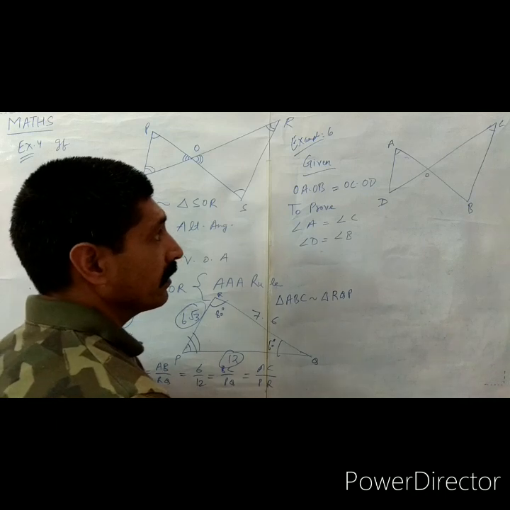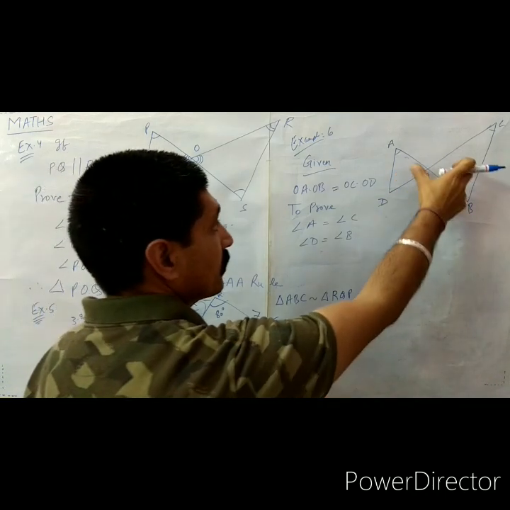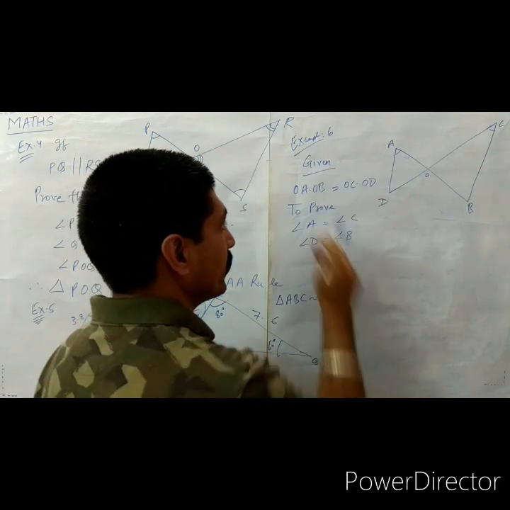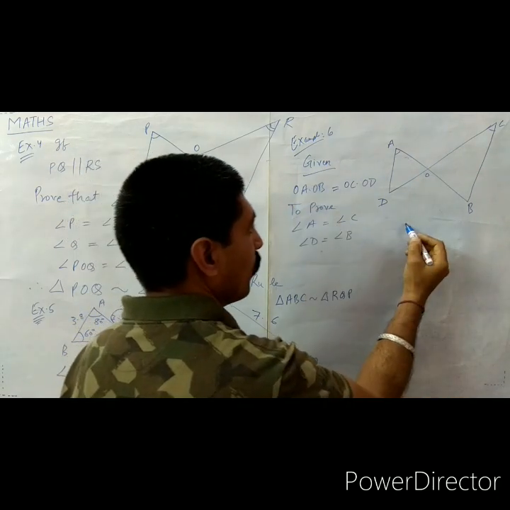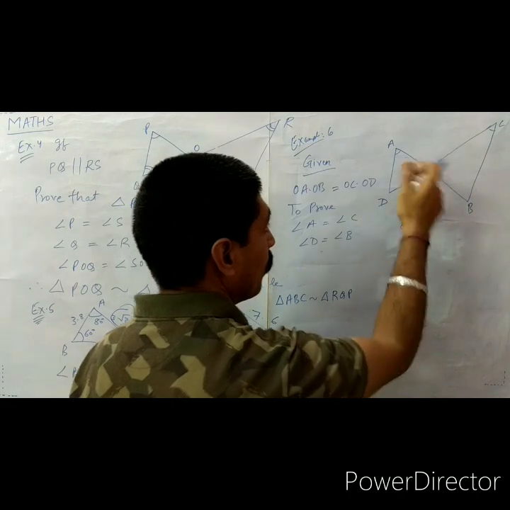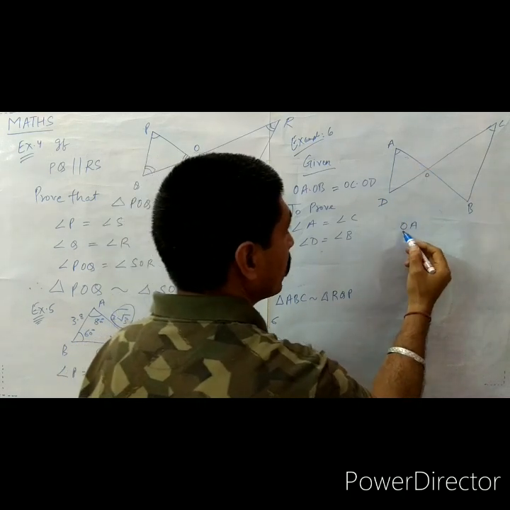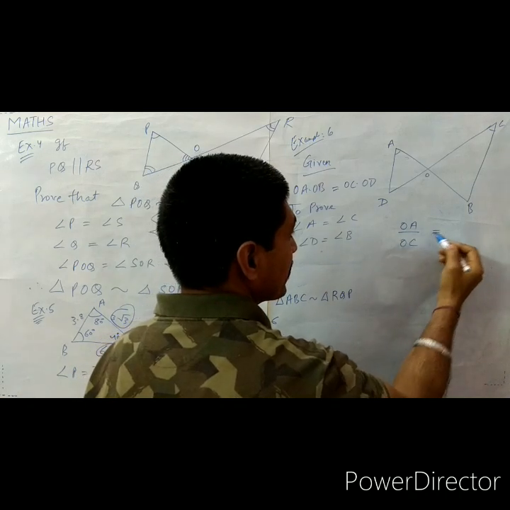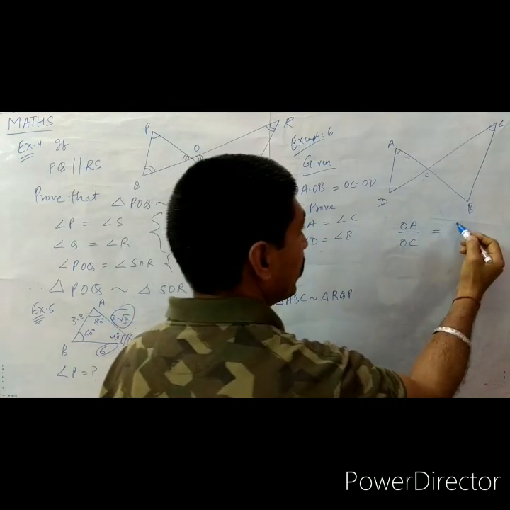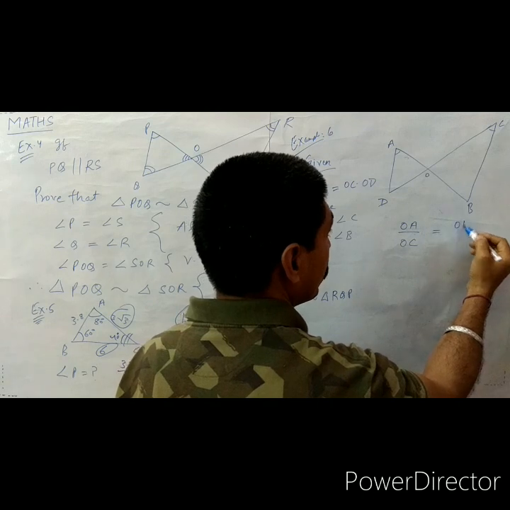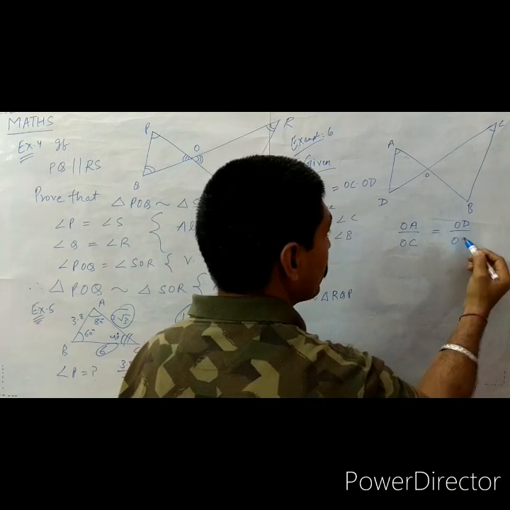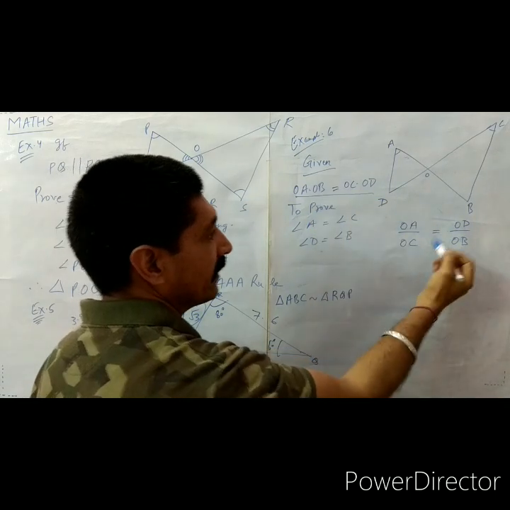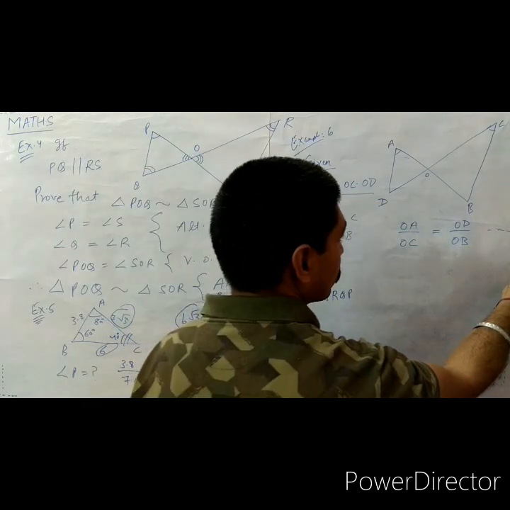So in these two triangles, first we will prove the similarity. From the given statement, OA upon OC is equal to OD upon OB, just by cross multiplying we get this equation 1.